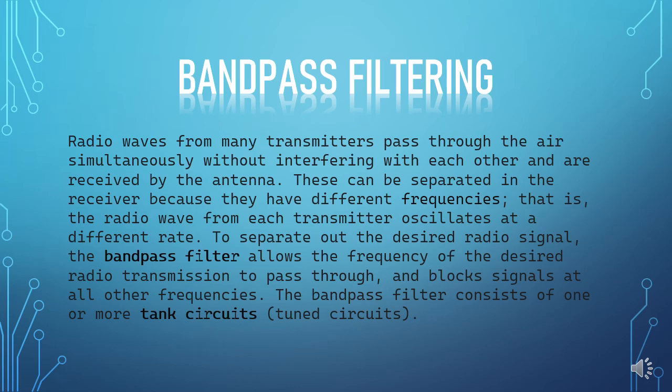To separate out the desired radio signal, the bandpass filter allows the frequency of the desired radio transmission to pass through and blocks the signal of all other frequencies. The bandpass filter consists of one or more tank circuits or the tuned circuits.